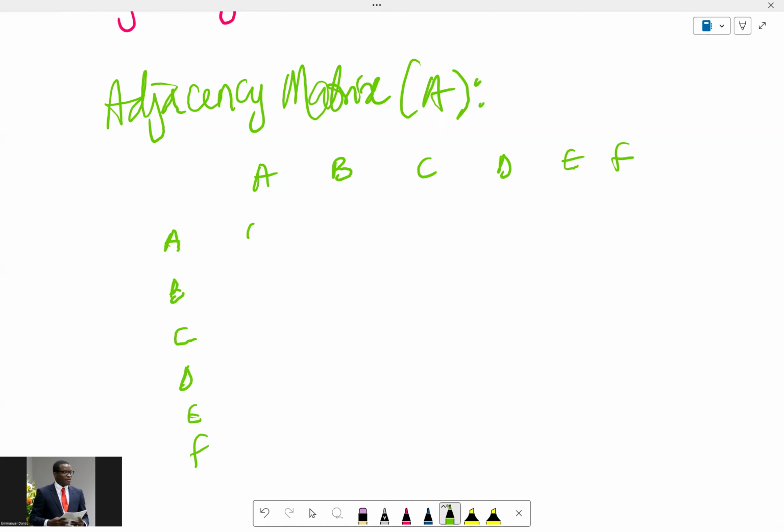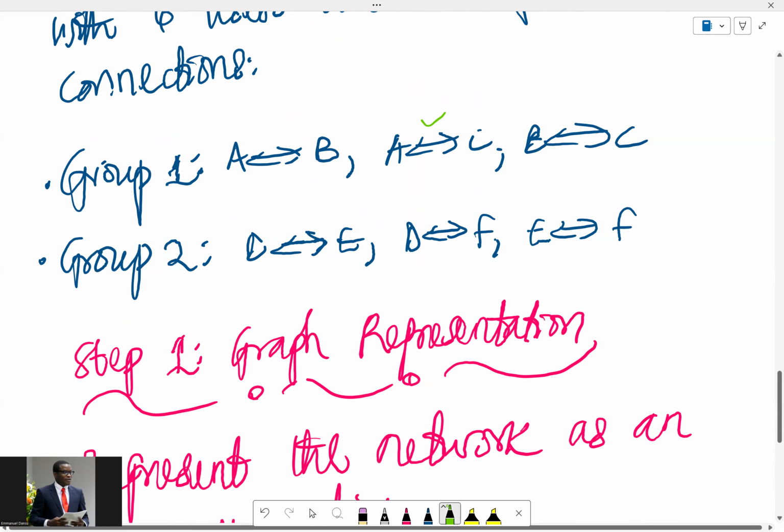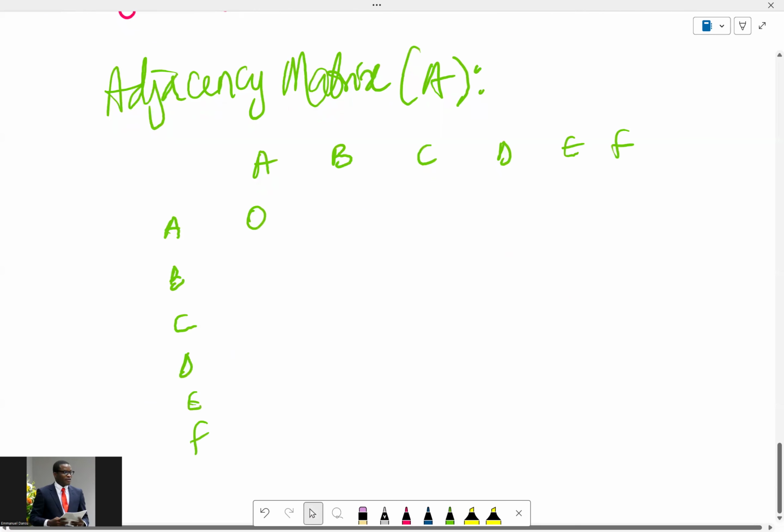Of course, A to A will be 0. A to B, A to C, and B to C are connected in both directions, so A to B, B to A, A to C, C to A, B to C, and C to B will all be 1.